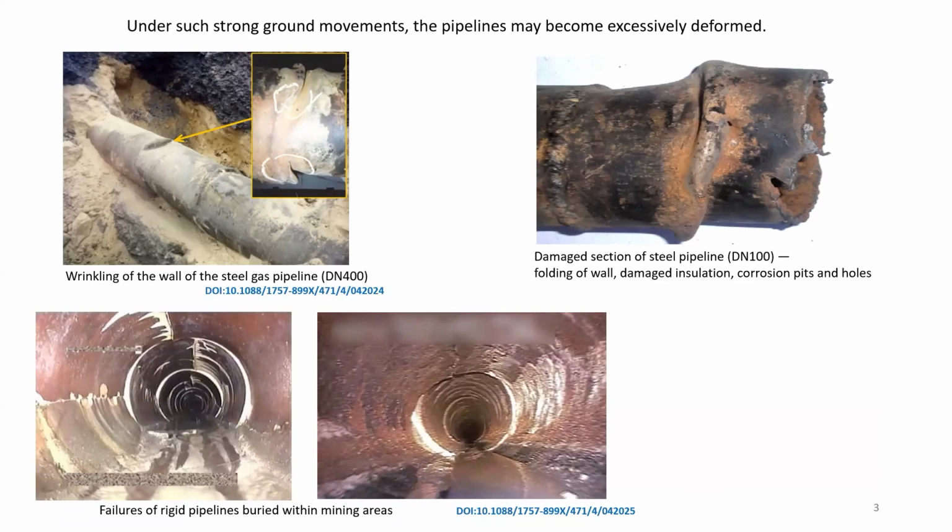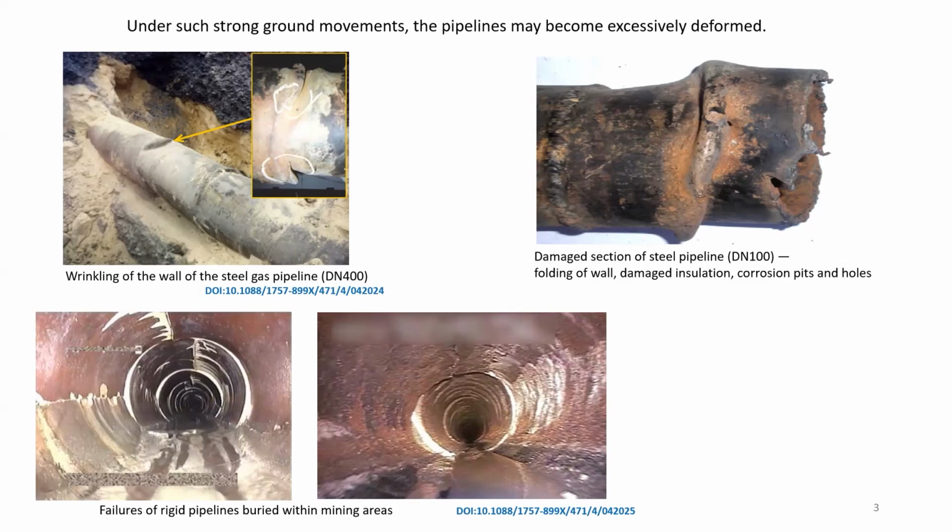In the area where pipelines are subject to compressive forces, deformations and faults of pipeline walls occur frequently. This results in progress of corrosion and leads to holes in pipeline walls.